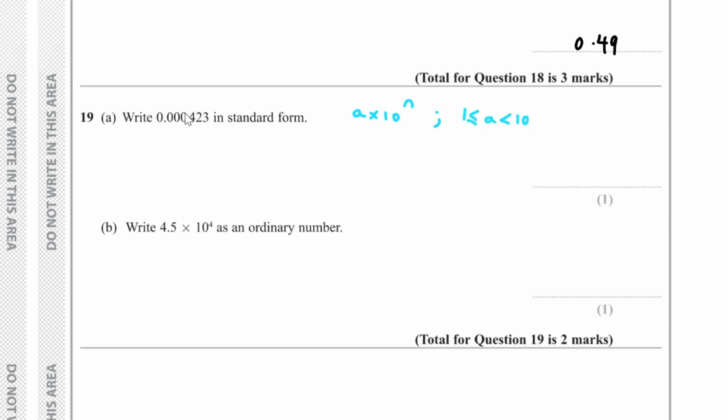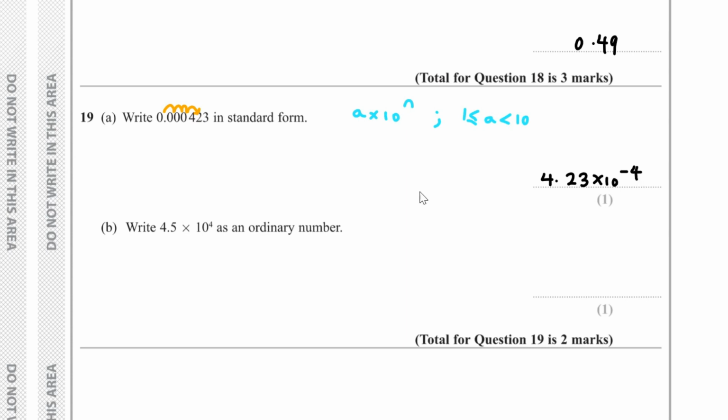So we need to move the decimal place so that a is in between 1 and 10. So here we've got 1, 2, 3, 4 places to the right. So here we've got 4.23 times 10 to the minus 4.